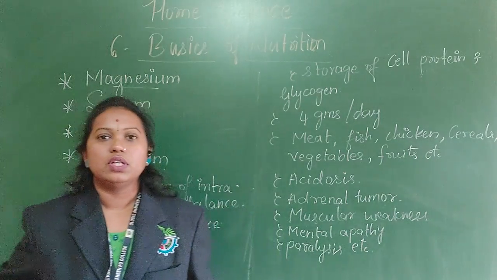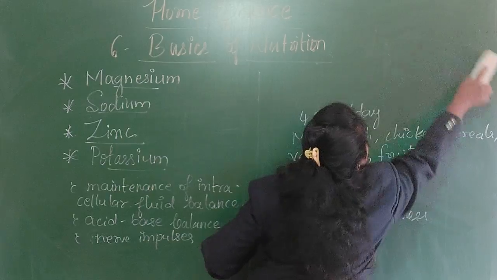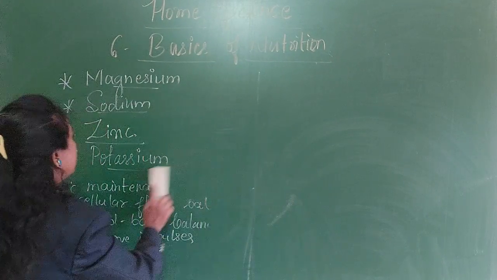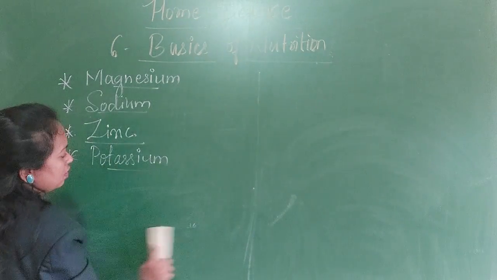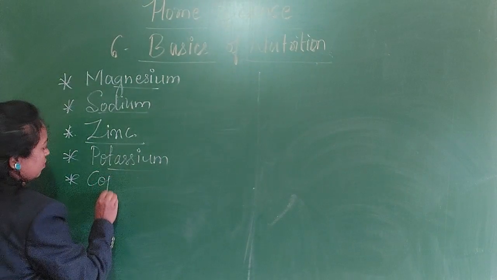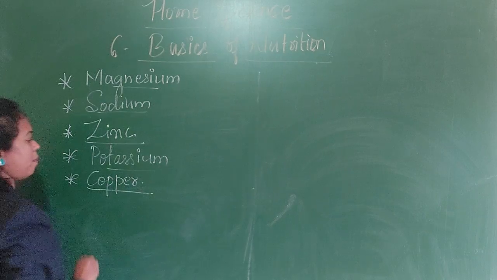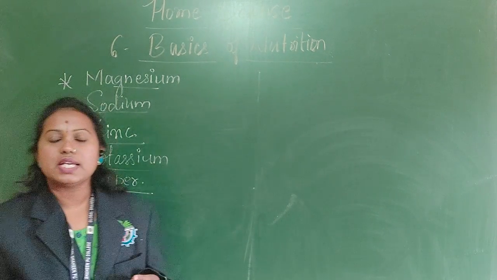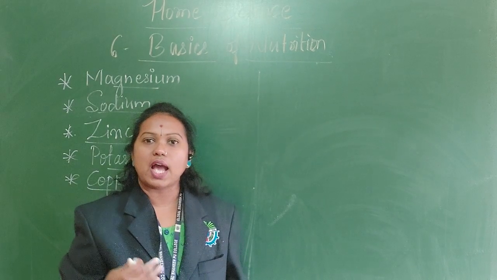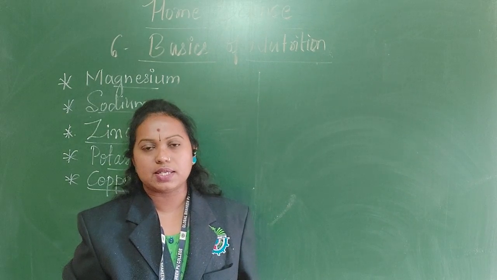The next mineral is copper. Copper is an essential nutrient for the body. Together with iron, it enables the body to form red blood cells.